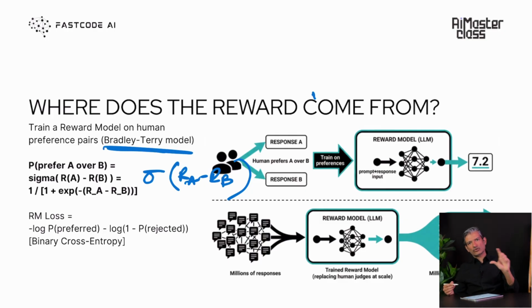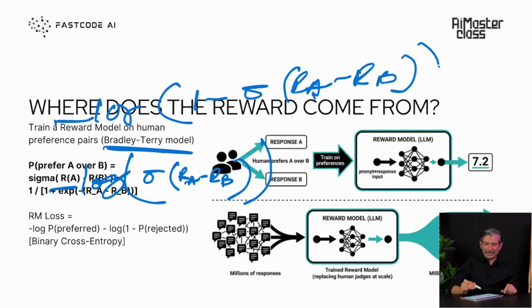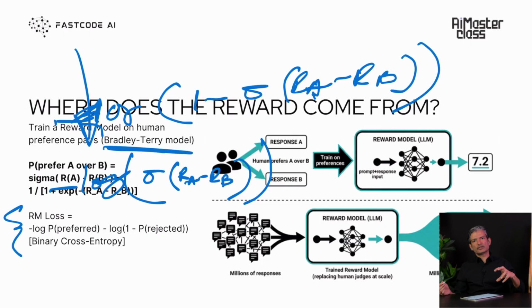If I say A is the better one, then I want the negative log of this. If I say B is the correct one, I want the negative log of the other one, 1 minus sigma of RA minus RB. You can also, like I said, just change the data so that RA is always high, and then it will always be negative log of sigma of RA minus RB. So the loss is simple. This is how we train the reward model.